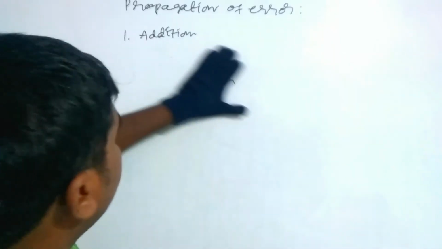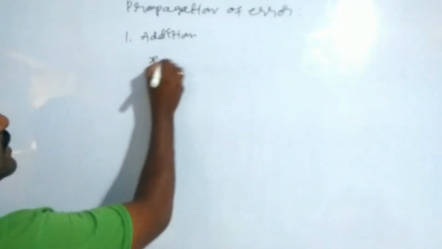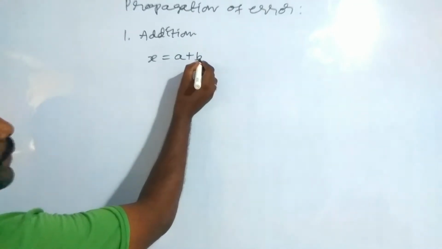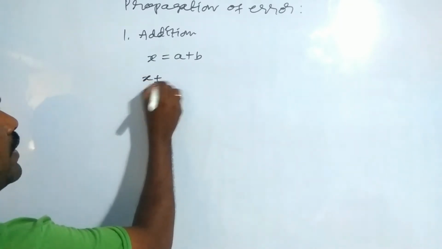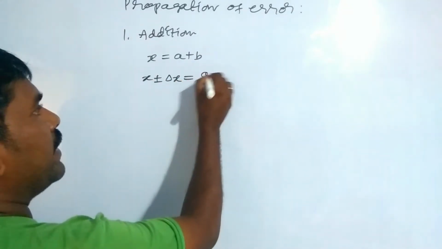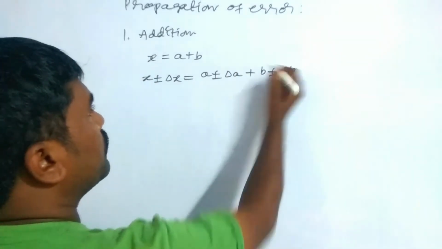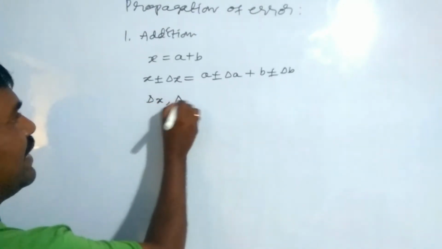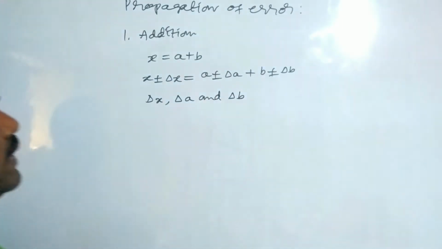In the case of addition, already discussed in our previous video, if a physical quantity x is equal to a plus b, where x, a and b are physical quantities, then we write x plus or minus delta x equals a plus or minus delta a plus b plus or minus delta b. Here delta x, delta a and delta b are the absolute errors of x, a and b respectively.